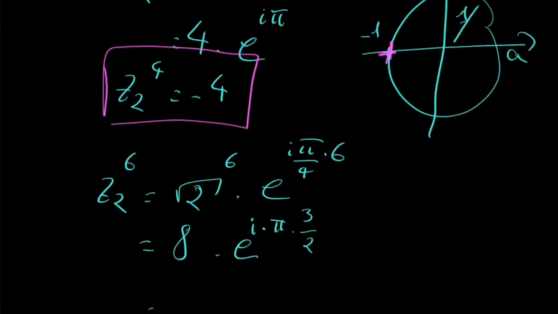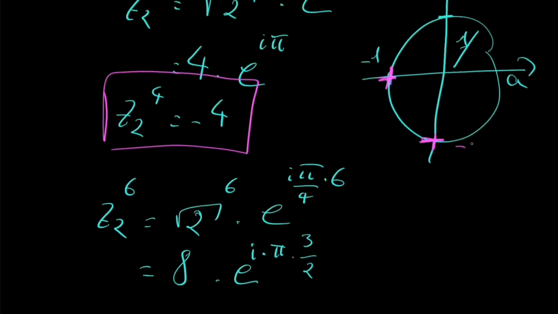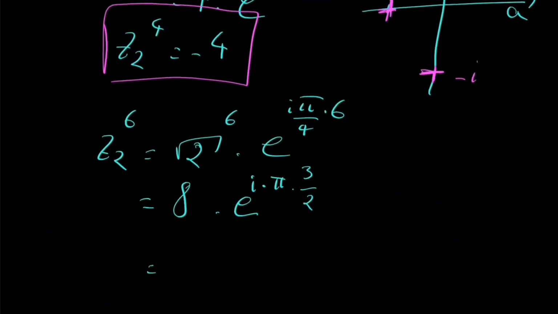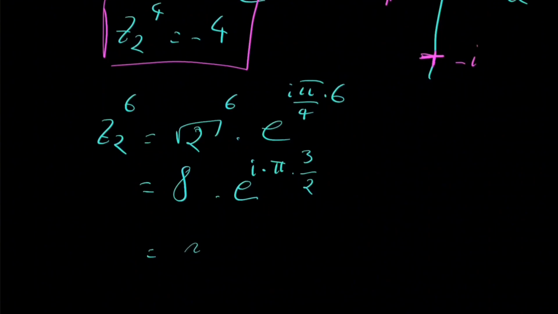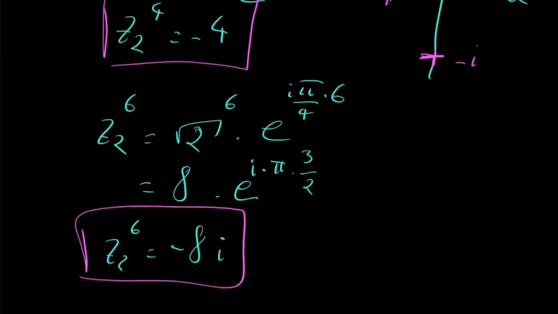We've got this point which is minus i, and so we've got z2 to the 6 is equal to minus 8 times i. So z2 to the 6 is equal to minus 8i.